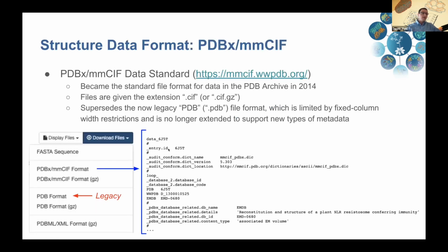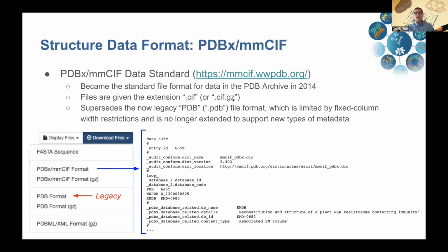So when downloading structured data, it's important to be mindful in selecting what data format to use. Of particular note, it's important for us to emphasize that the current standard file format for data in the PDB archive is PDBx/mmCIF, which is data with the extension .cif or .cif.gz. And this is the official format, and users should use this.